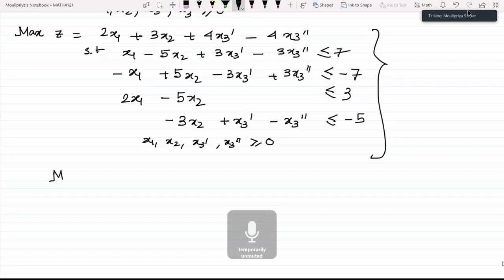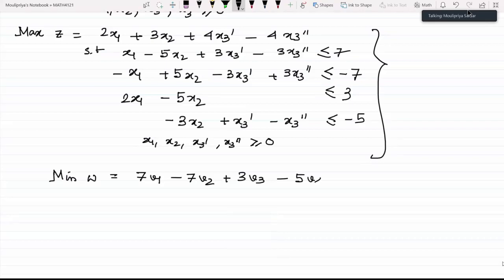Minimize W equal to 7v1 minus 7v2 plus 3v3 minus 5v4. Fantastic. So this is the dual.